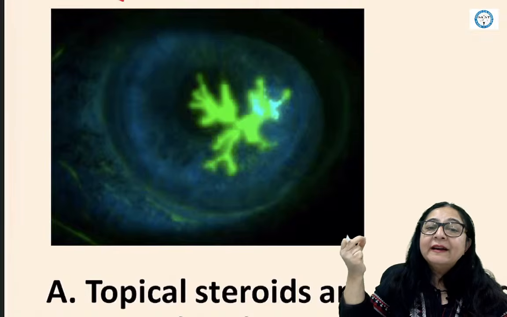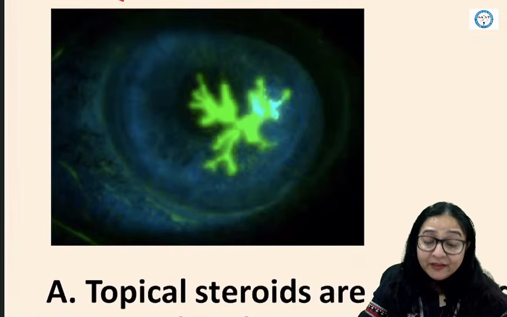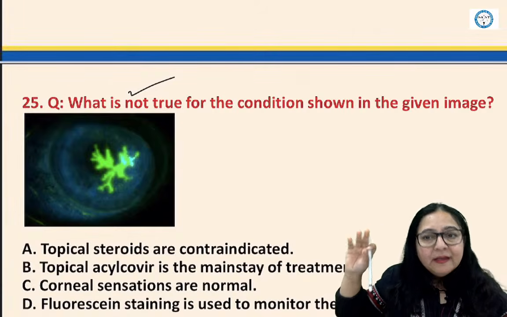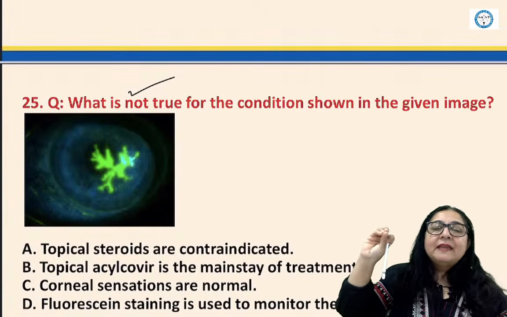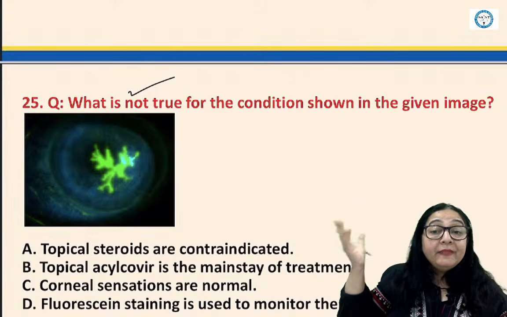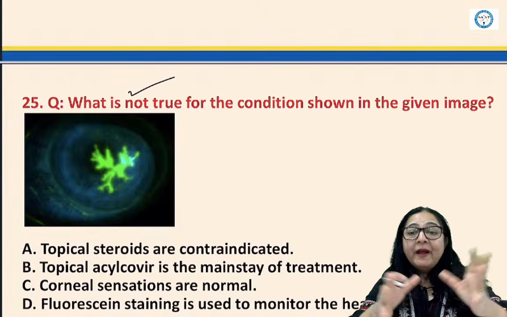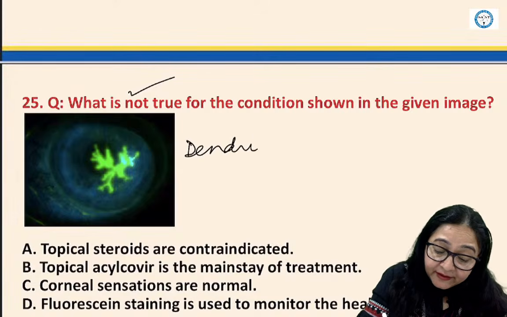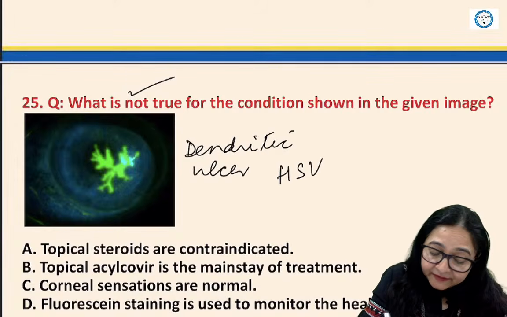Again, a very, very classic picture. So if you see it once, try to remember it. When the lesion is stained green in color, dendritic pattern like branches of the tree, this is dendritic ulcer. Dendritic ulcer is caused by herpes simplex virus.